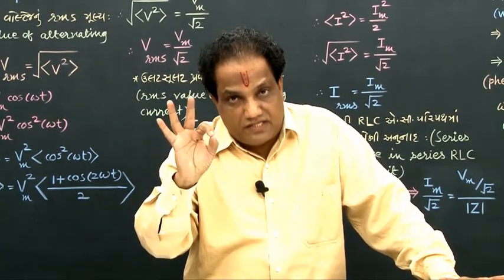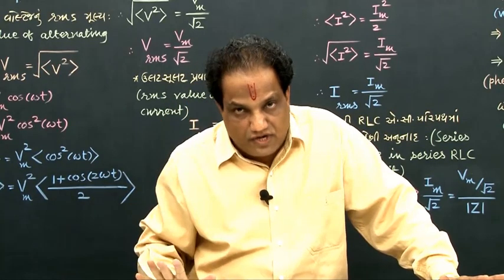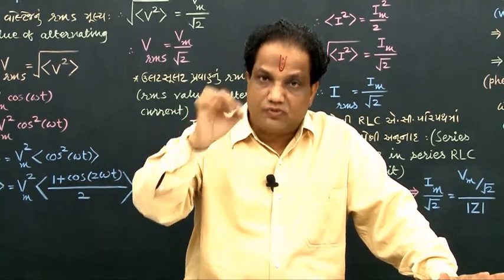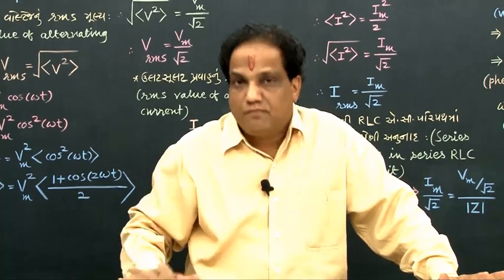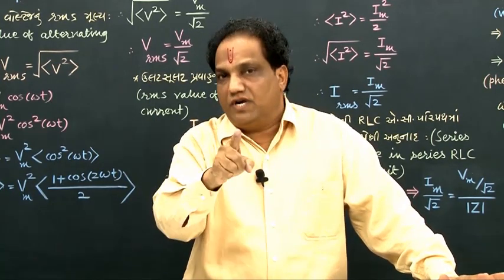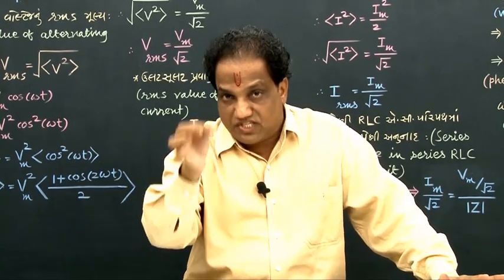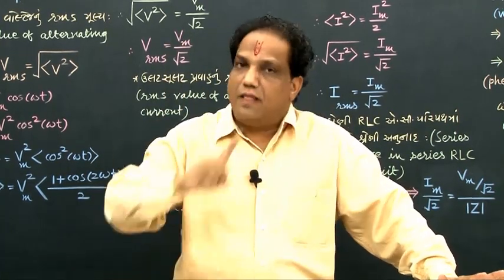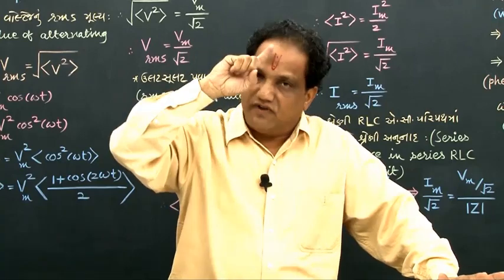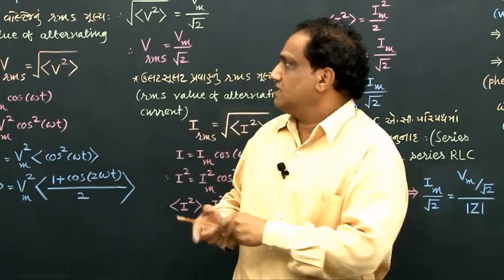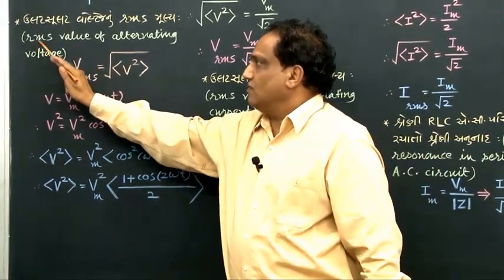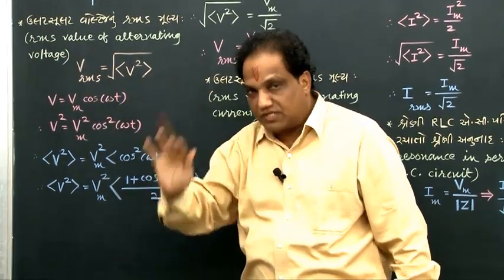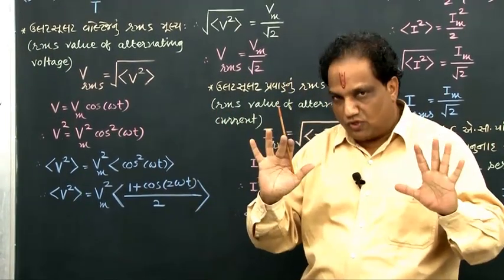So in practice, to measure alternating voltage, we have designed a special type of voltmeter, but that special type of voltmeter measures a specifically defined average value of alternating voltage, and that specifically defined average value itself is known as RMS voltage. What do you mean by RMS? I am showing you.